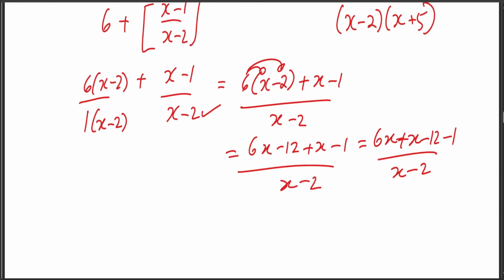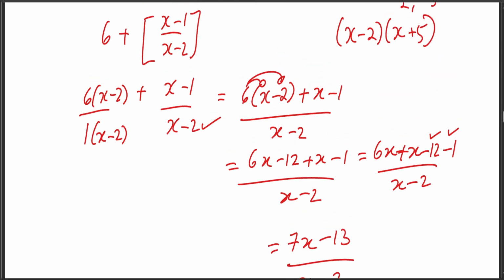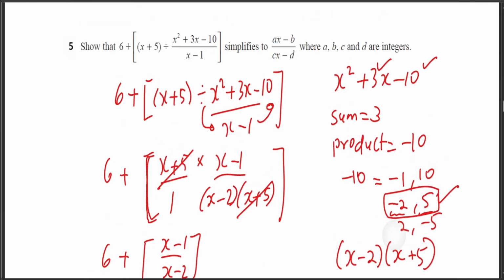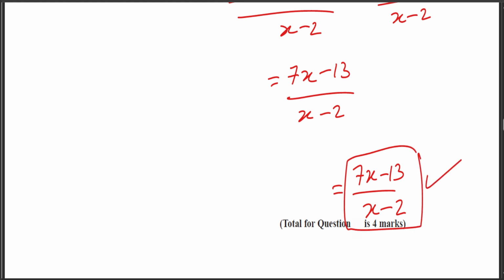The final answer is this one. 6x plus x gives you 7x, minus 12 minus 1 gives you minus 13 over x minus 2. And what did it ask? Obviously, that is your answer. So your answer is 7x minus 13 over x minus 2. Correct answer.